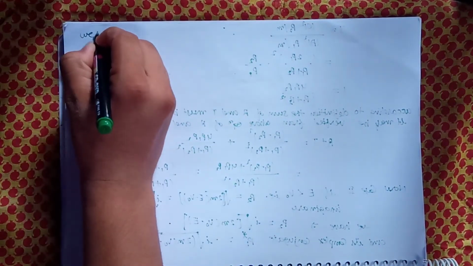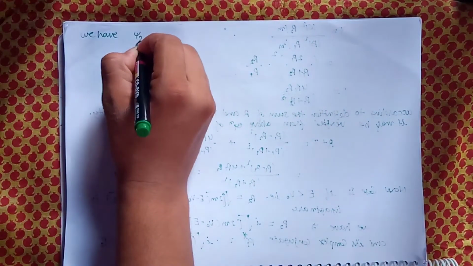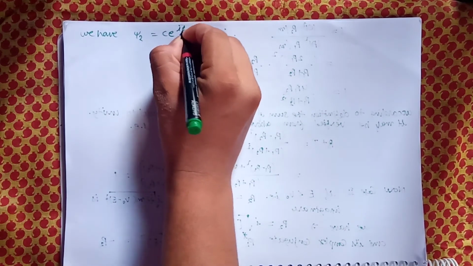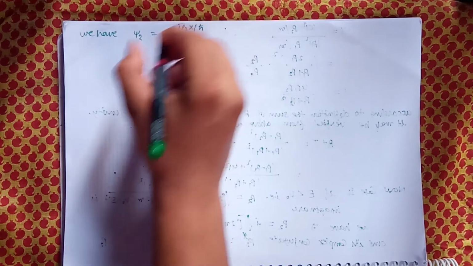We have psi 2 is equal to C e raised to power iota P2 x over h cut.